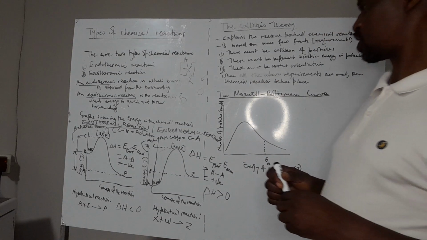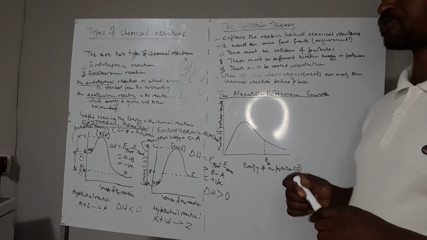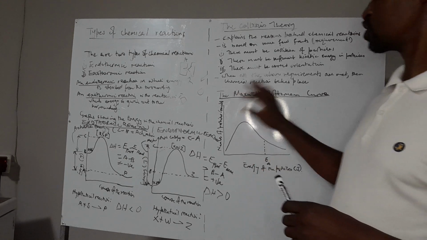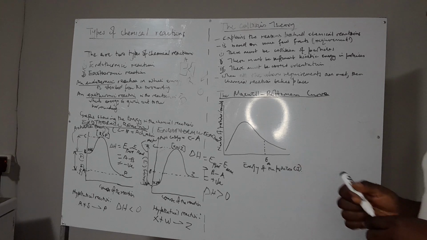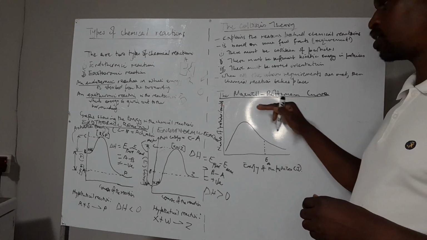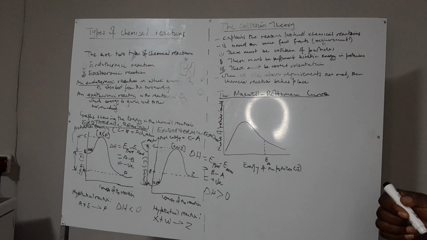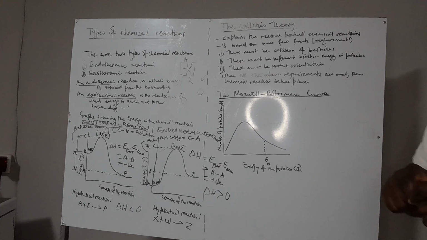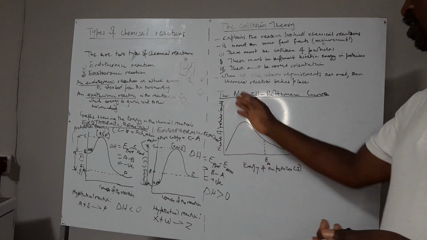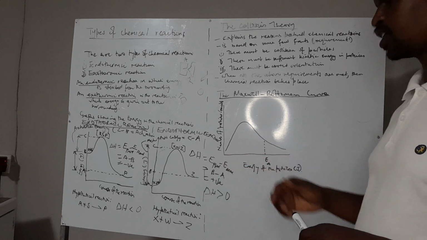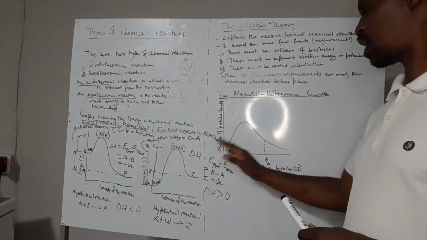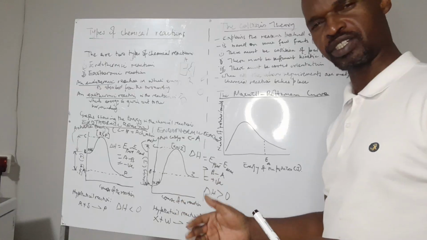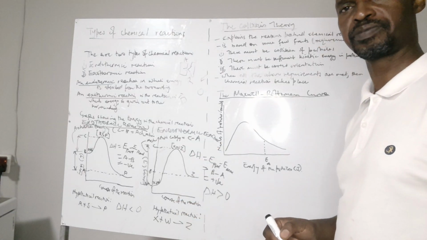Then we may go further and look at what is also essential, this curve that is called the Maxwell-Boltzmann curve. What do we mean by the Maxwell-Boltzmann curve? This is just a curve that explains how particles will go into the reaction at any given moment.